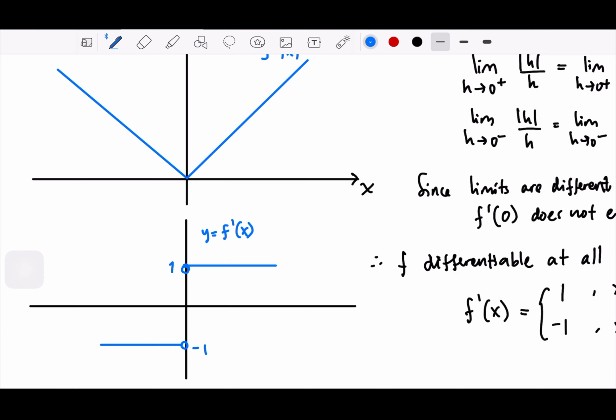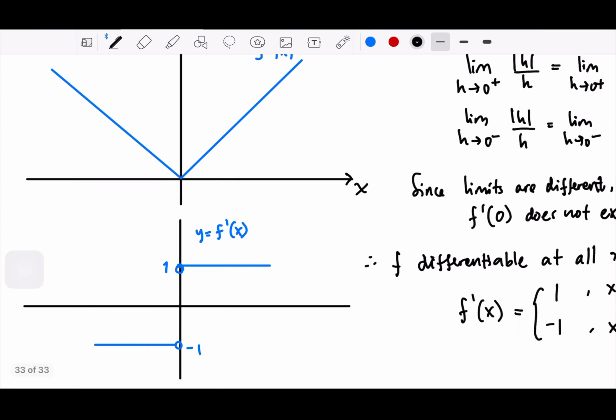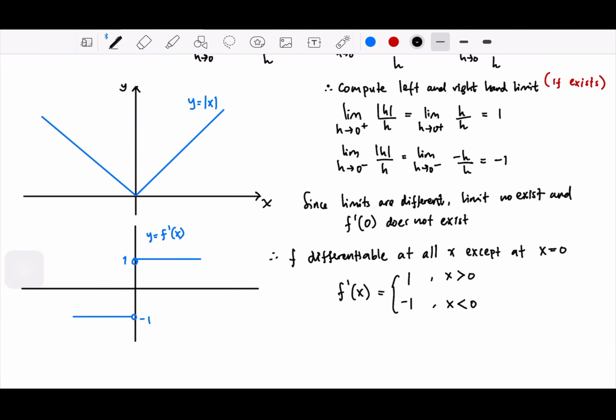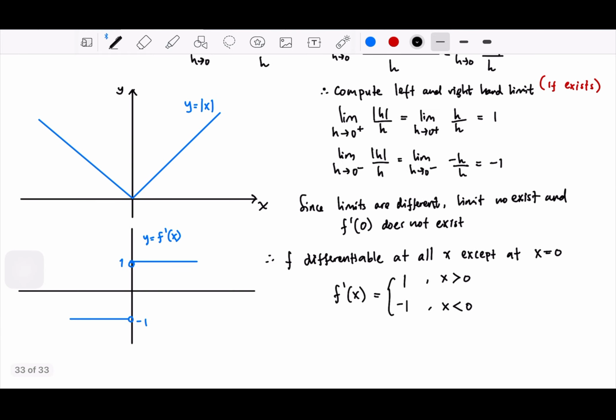Okay, any questions first? Any question first? I hope this method can help you to at least process how we can find which interval is differentiable or not. Okay.